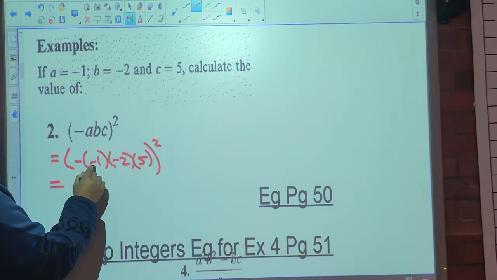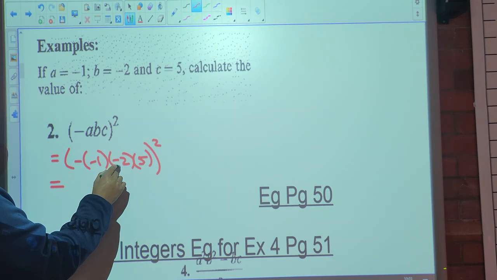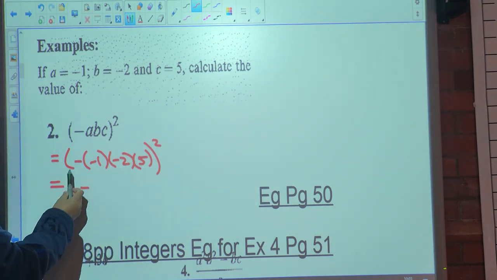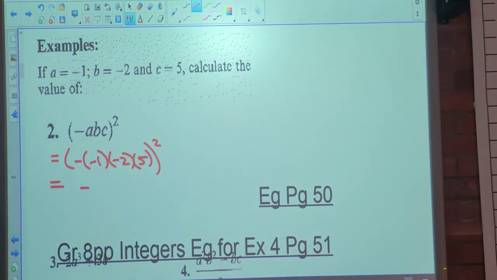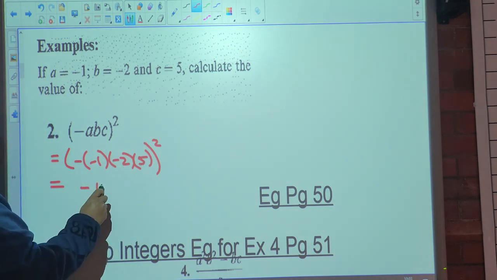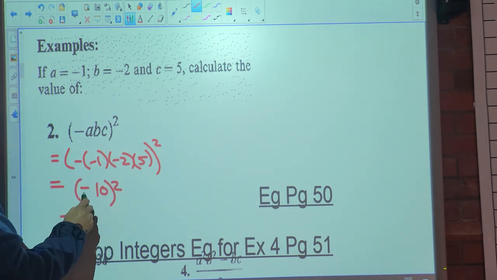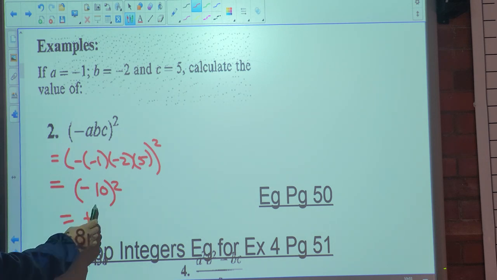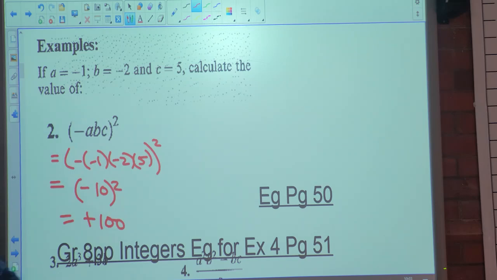Negative times negative times negative times positive. What is 1, 2, 3 negatives being multiplied? It's odd, so the answer is going to be negative. What's 1 times 2, 2 times 5? 10. Squared. So negative squared is positive. And 10 squared is? 10 times 10 is not 1,000. Okay.